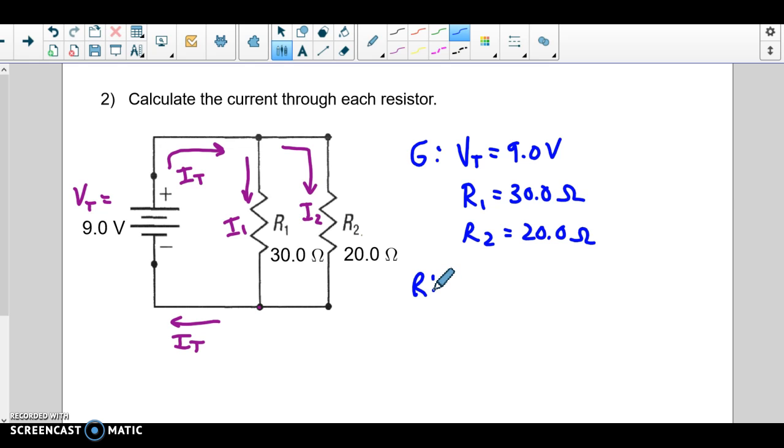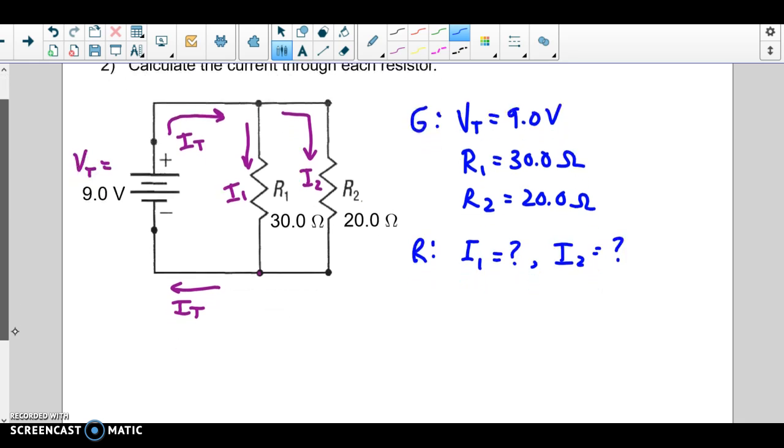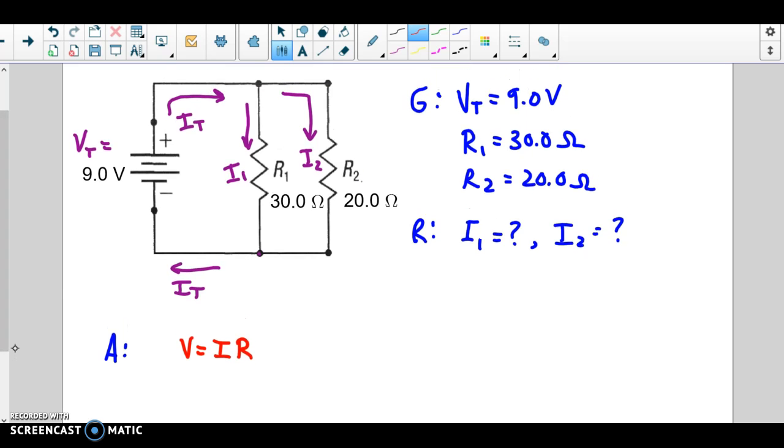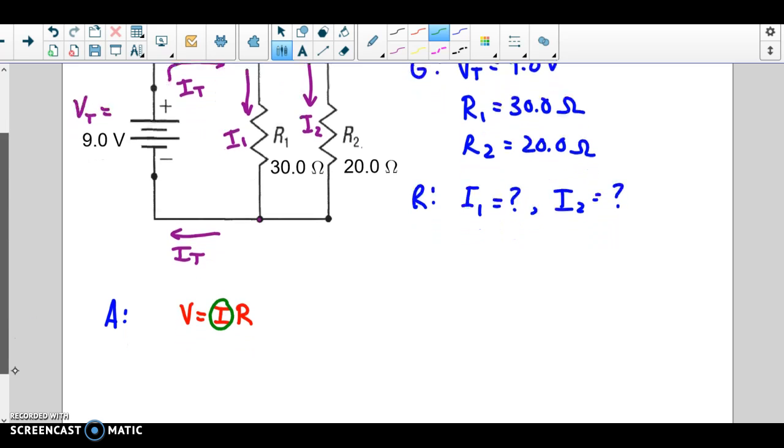I would like to find the current through I1, and I would like to find the current through I2. In this case, I'm going to write down the equation that I'm going to use. V equals I times R. I would like to find I in this case. That's what I'd like to rearrange for.